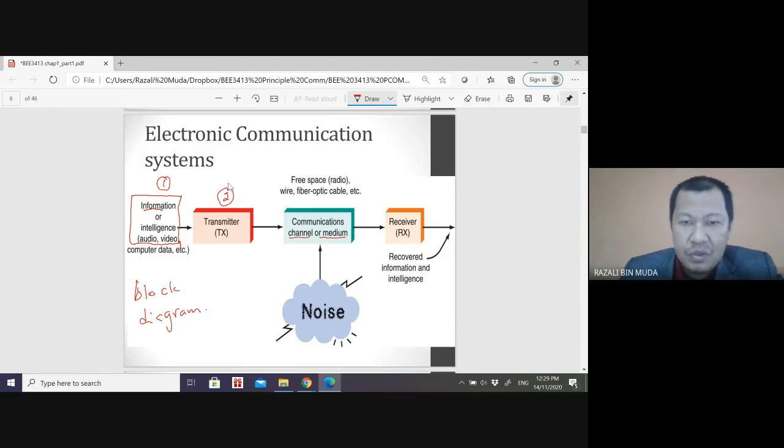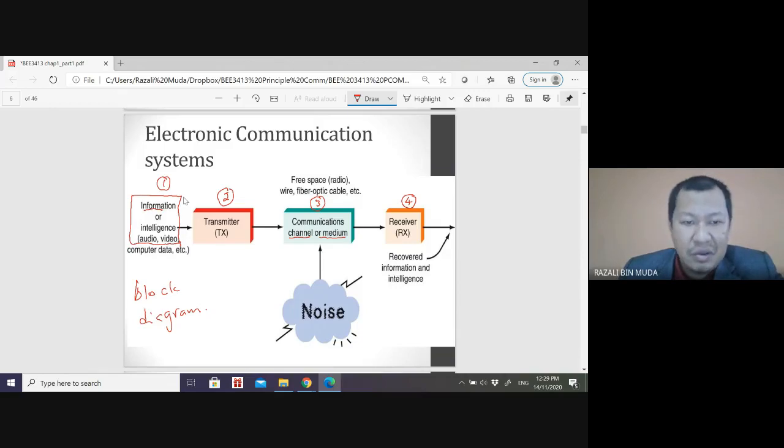So we have the communication channel or medium, block number 3. And then we have block number 4, the receiver. This is basically the simplified block. So we can see after this there is a little bit more detail. So you have a few blocks coming in.